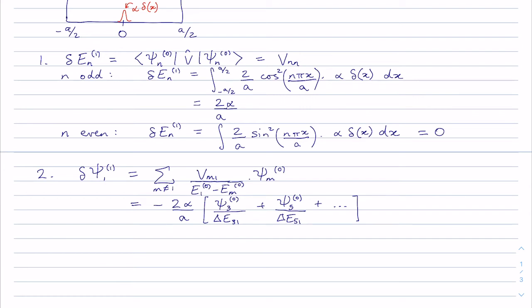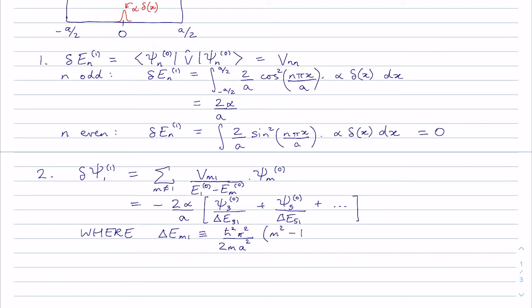So it's an infinite sum where ΔE_m1 is defined as being ħ²π² over 2ma². Ooh, m. This is mass down the denominator here. That's mass. Not well.